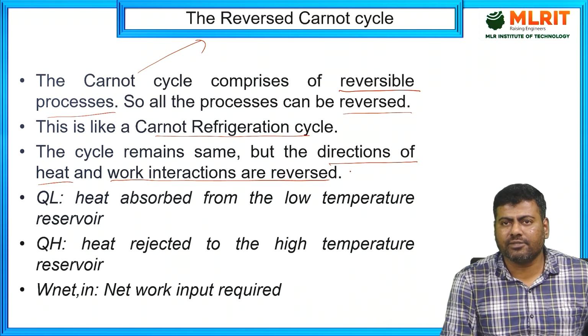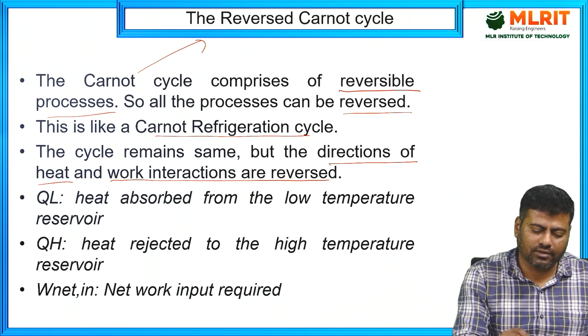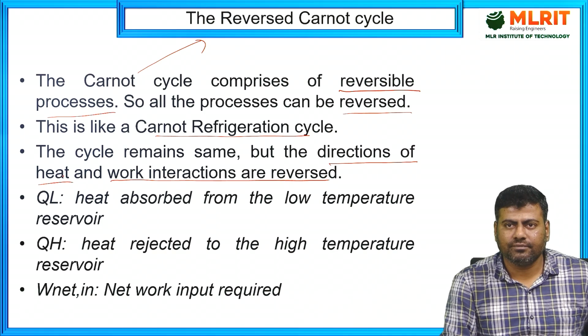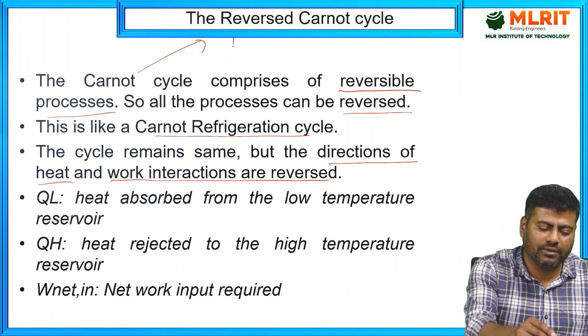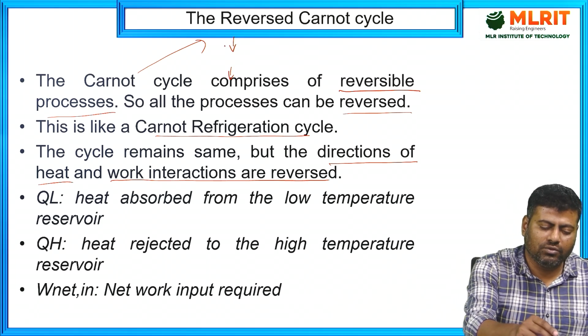I said that during the expansion we extract the work in the Carnot cycle, in the heat engine. Here, the work interaction is reversed, as well as the direction of the heat. The QL and QH we assumed are now reversed with respect to the working substance.